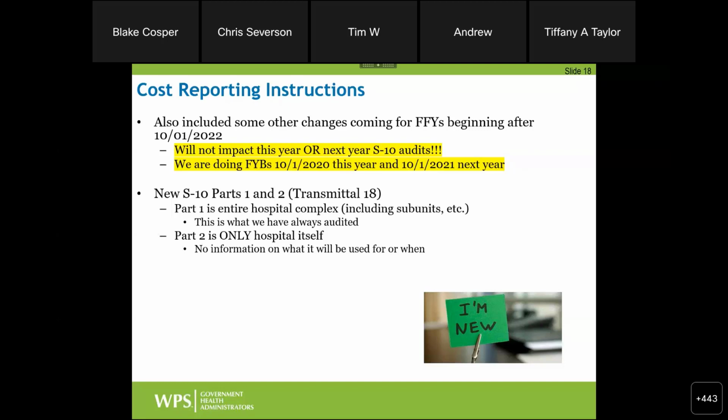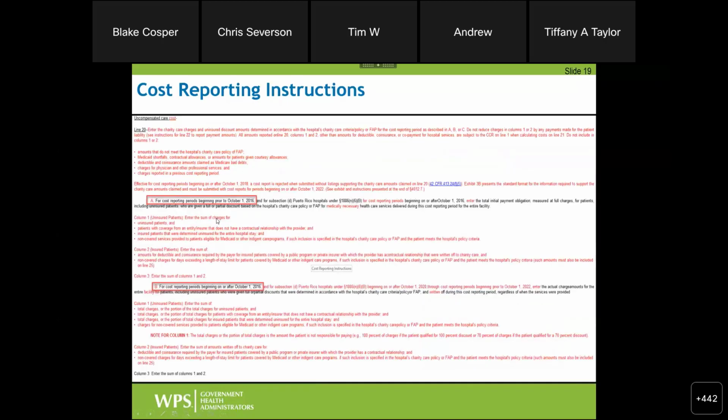There have been some discussions in the Federal Register on that. There's also been some pushback. So I think they're just trying to analyze it to see if it's fair and proper to use that data in the future. But again, nothing solid on that. We don't audit Part 2 currently. We're only auditing Part 1, the entire hospital complex.